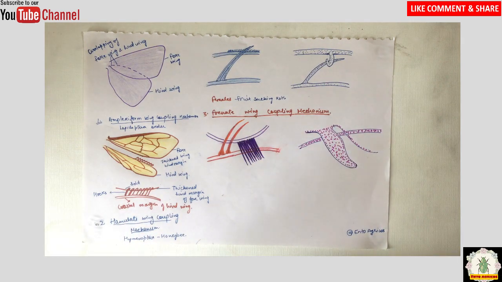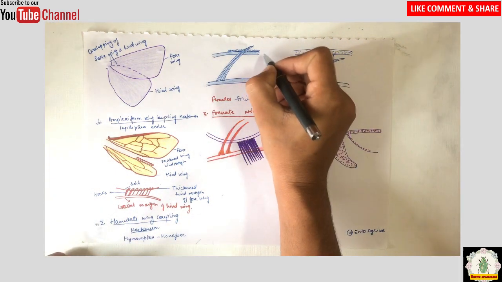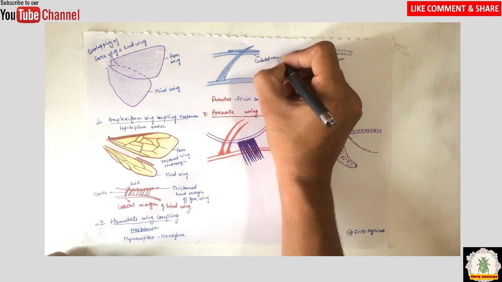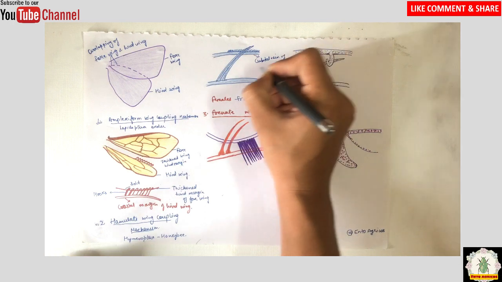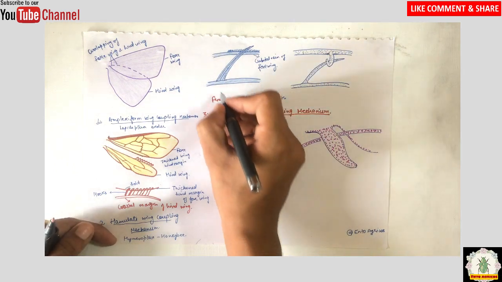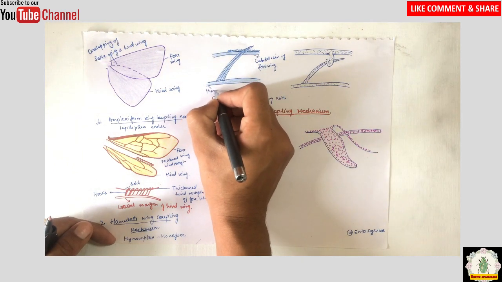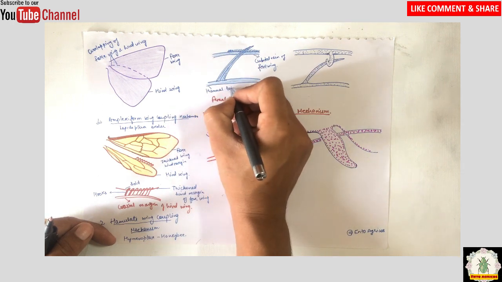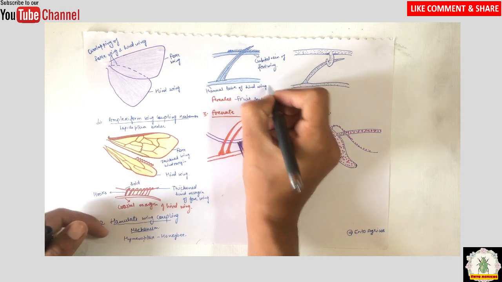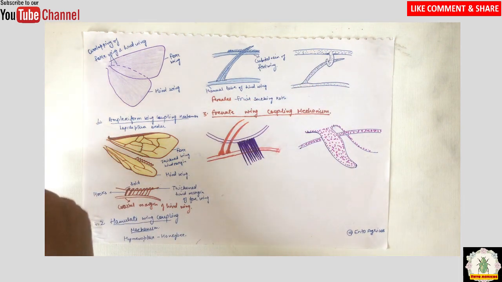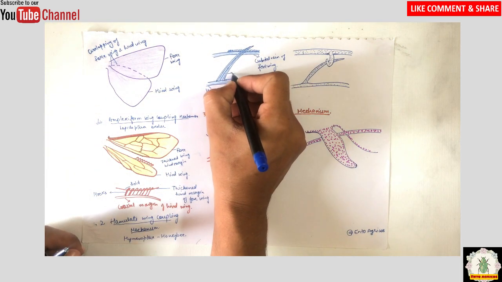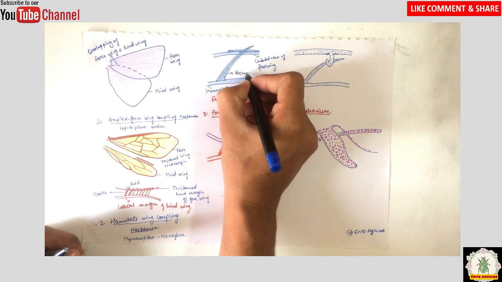In this case, this is the cubital vein of the forewing, and this is the humeral lobe of the hind wing. This humeral lobe of the hind wing consists of a frenulum. This is the frenulum.